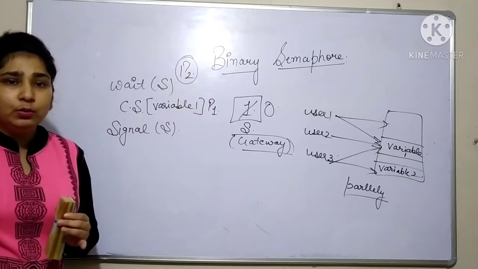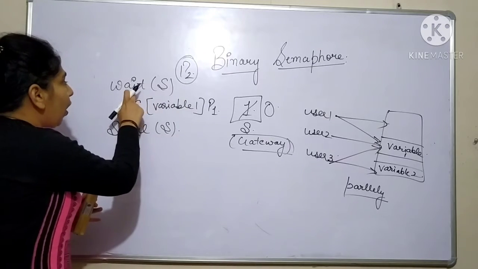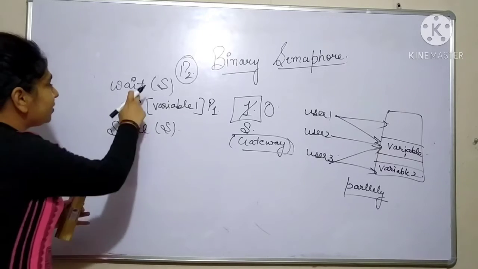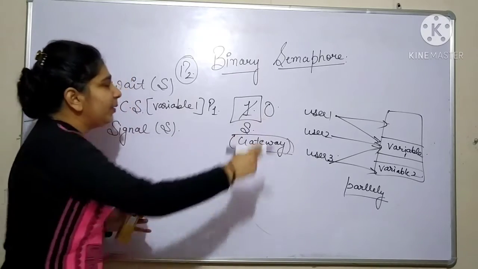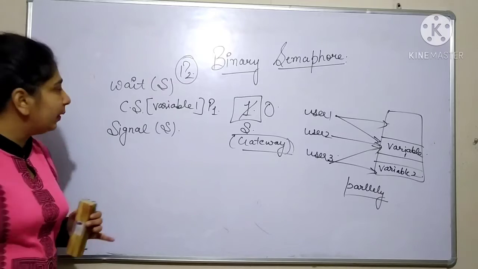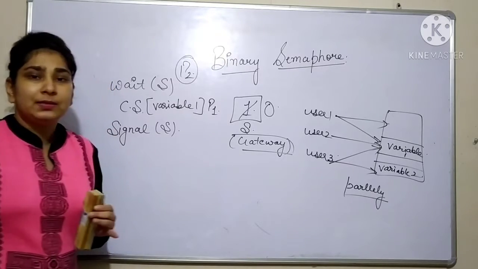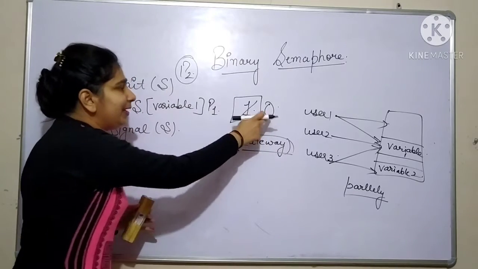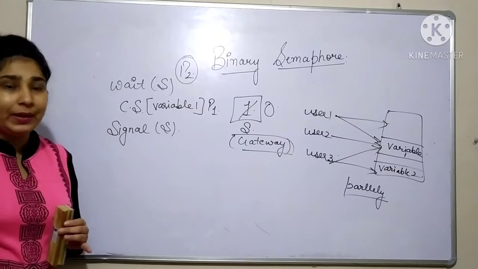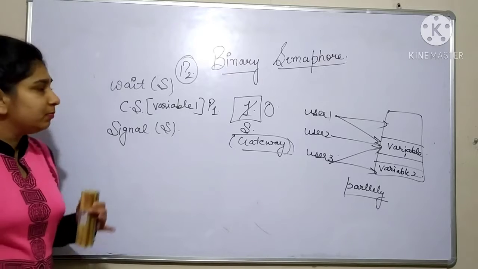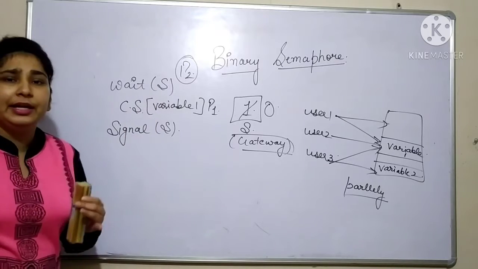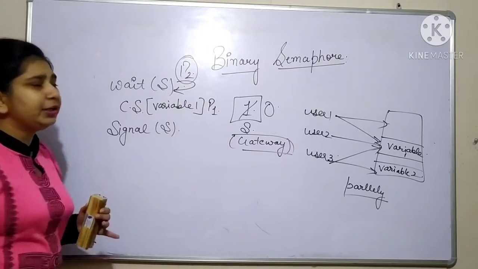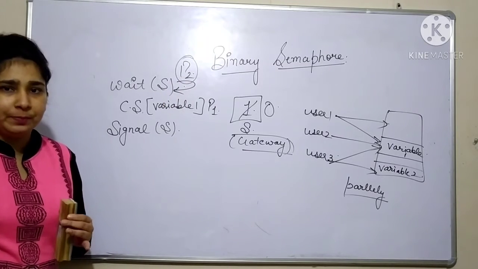Now this process P2 also runs this wait operation. It is going to check this variable value. It will see that the value of this semaphore variable is 0. So it is going to get stuck in the loop.